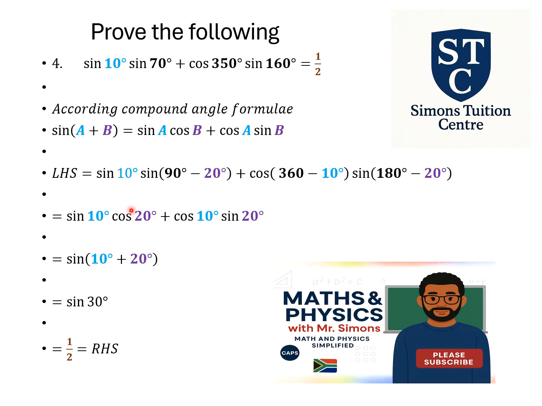So now I have sine cos, cos sine. Same angles. So if I reduce now, I'm going to use sine of angle 1 plus angle 2. So there, 10 degrees plus 20 degrees gives me the sine of 30, and the sine of 30 equals half, which equals my right hand side.